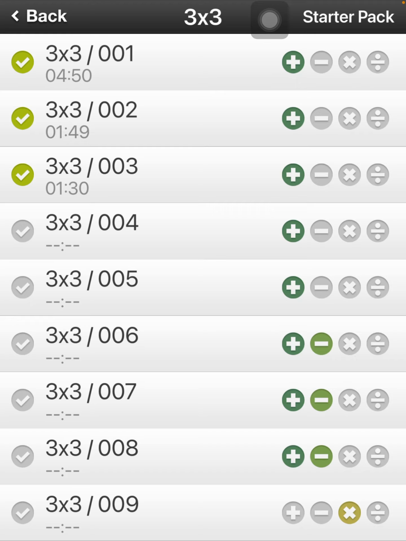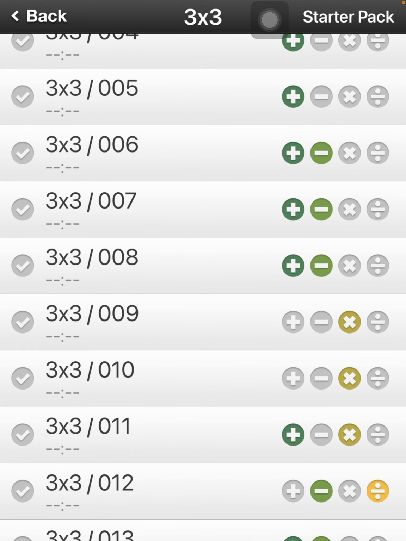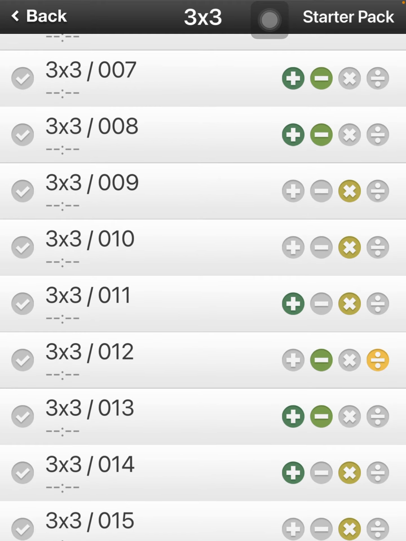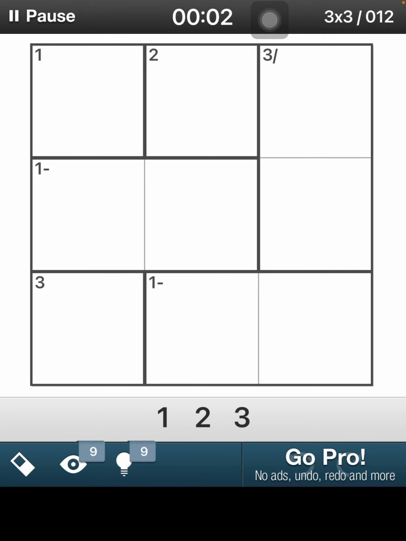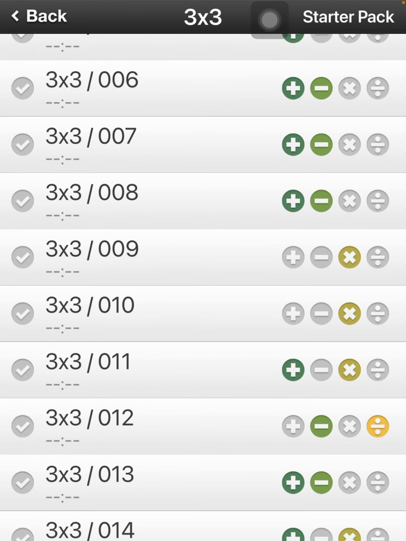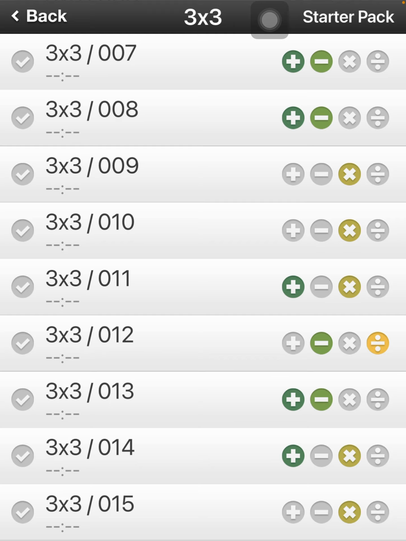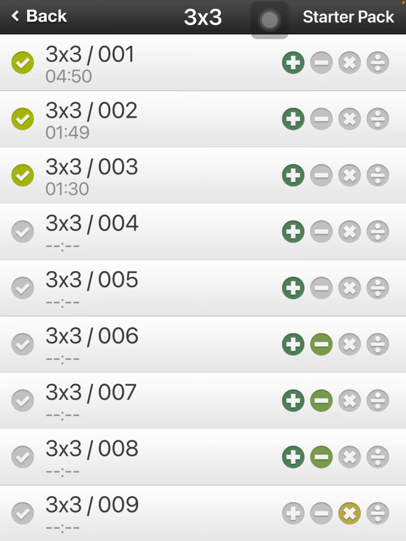So, you can see the first 5 levels deal with addition. And then addition and subtraction. Level 9 and 10 have multiplication only. 11 has addition and multiplication. And etc. It'll keep going on. But for now, let's continue with our 3x3 level 4.